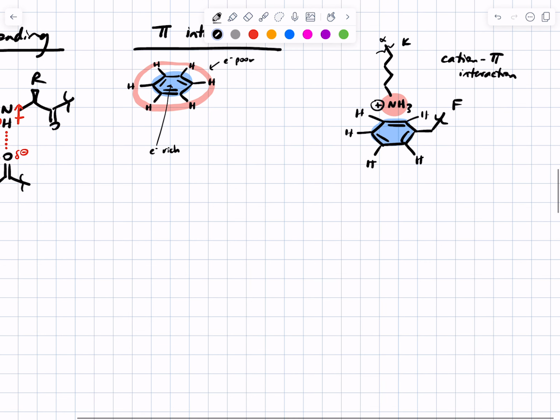Another thing that can happen is that the electron-rich face of one benzene ring, say on a phenylalanine residue, can interact with the electron-poor edge of another benzene ring.